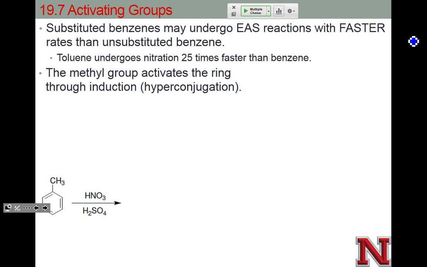Remember, when we're talking about kinetics, we're discussing the activation energy, not the thermodynamics, which is just the difference between our reactants and our products. So what we're looking at is a lower activation energy is going to make this reaction faster.